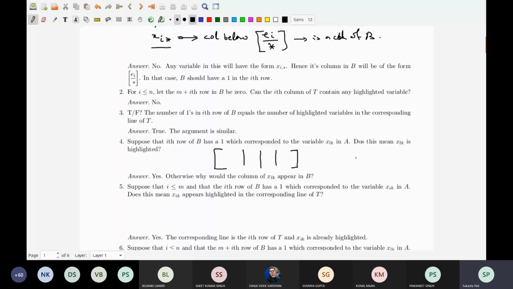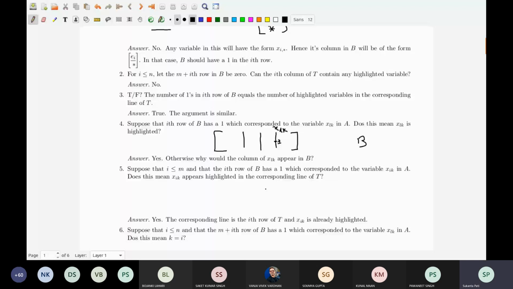And there in the ith row of B, you are seeing a 1 here, and it was actually corresponding to the variable xlk. Does this mean xlk belongs to the set S? Yes, xlk must have belonged to the set, otherwise how are you seeing that one here? By definition, otherwise that column would not have been there in B. So that is fine. So xlk is highlighted.